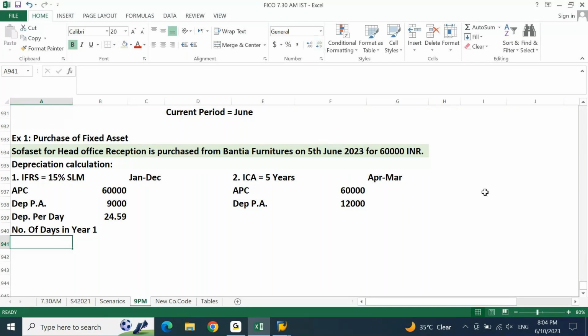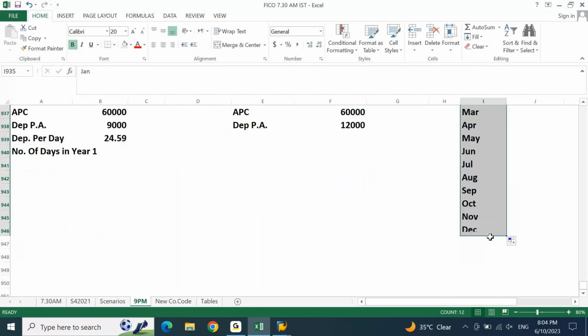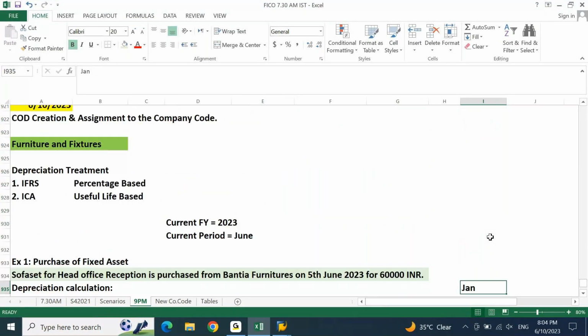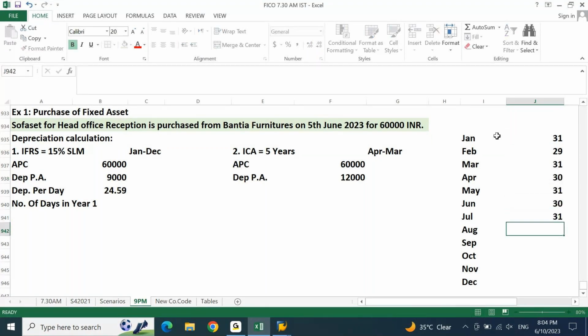Now what I am going to do, I am going to put Jan, Feb until December, then I am going to put number of days in each month. 31 here, 29 here, 31 here, 30 days here, 31, 30, 31, 31, 30, 31, 30, 31.